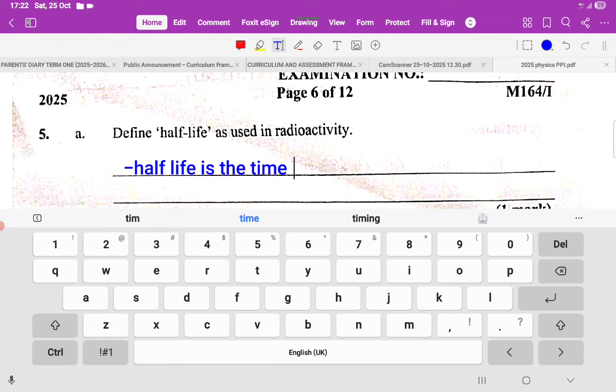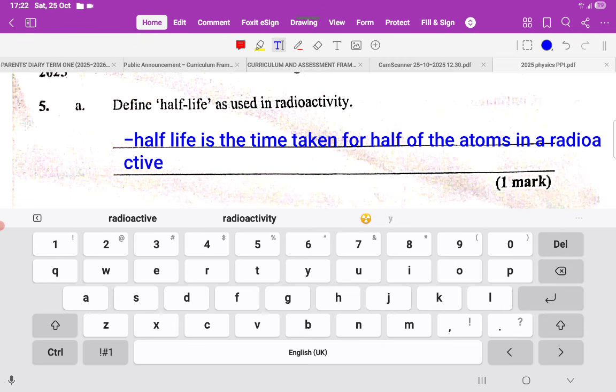The time taken for half of the atoms in a radioactive substance to decay or to disintegrate.